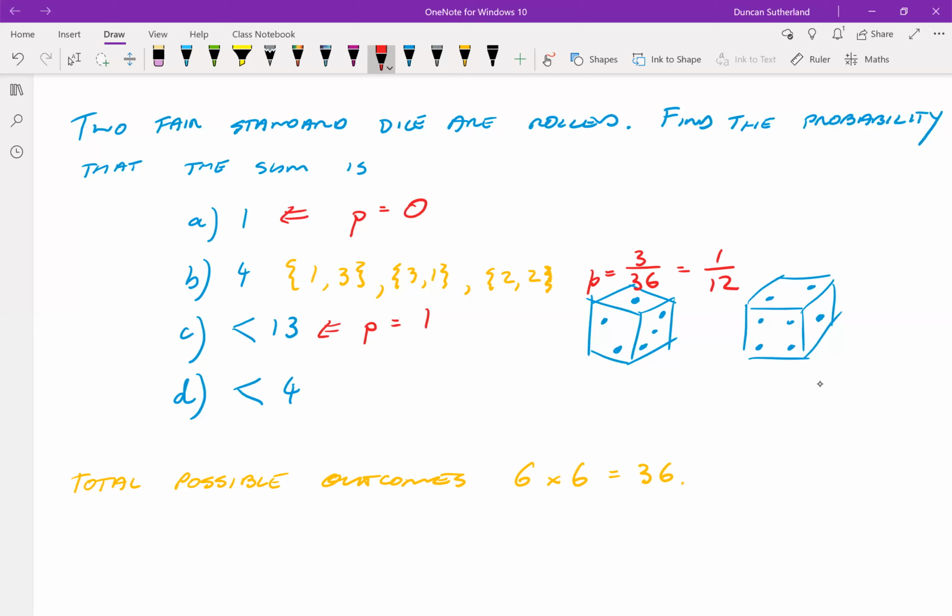Okay, less than 4, right? So we've got to count the number of possible arrangements where we get a sum less than 4.